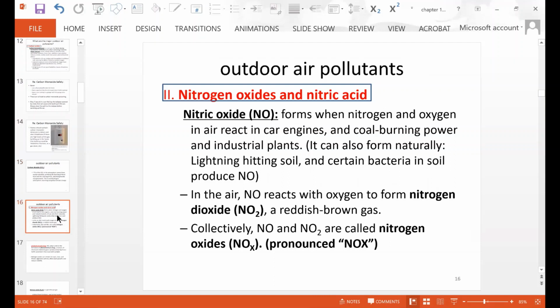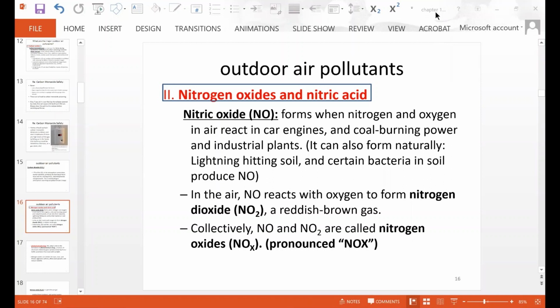Next is nitrogen oxides and nitric acid. Nitric oxide is abbreviated as NO, and it forms when nitrogen and oxygen in the air react in car engines and coal burning power and industrial plants.